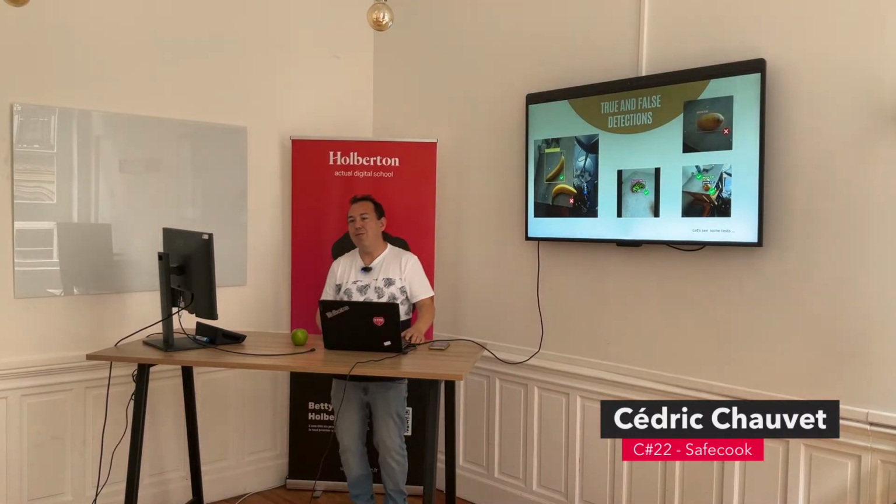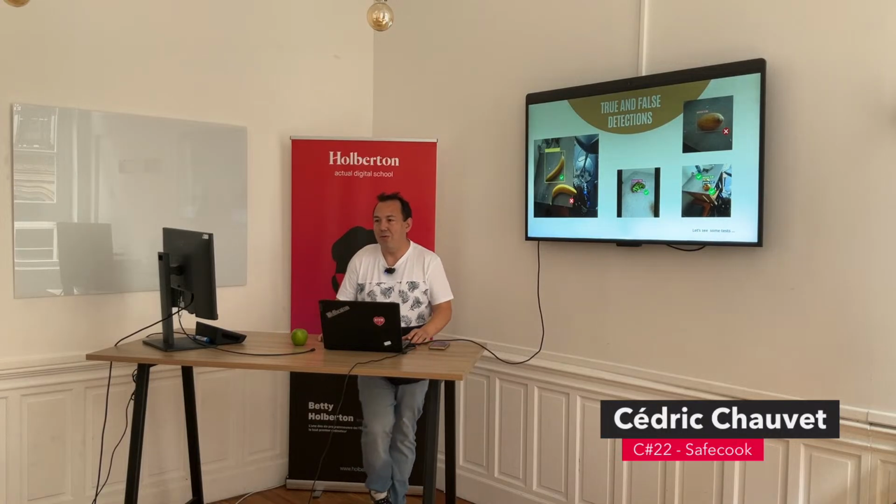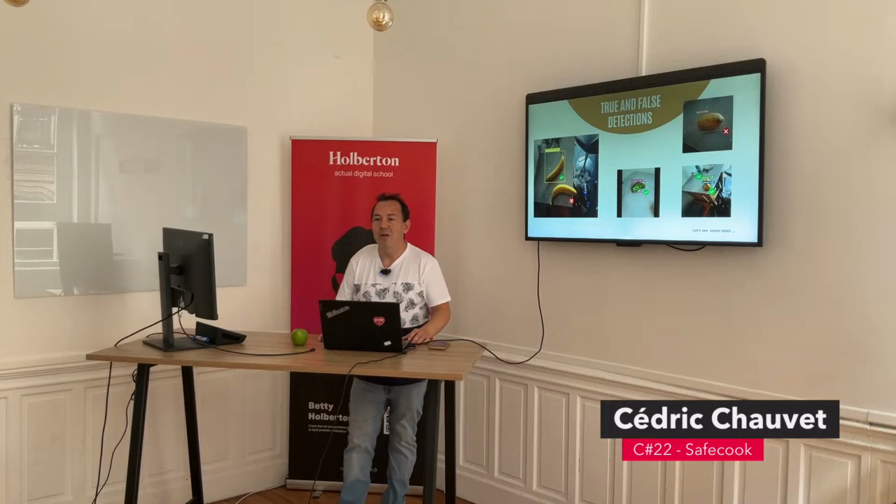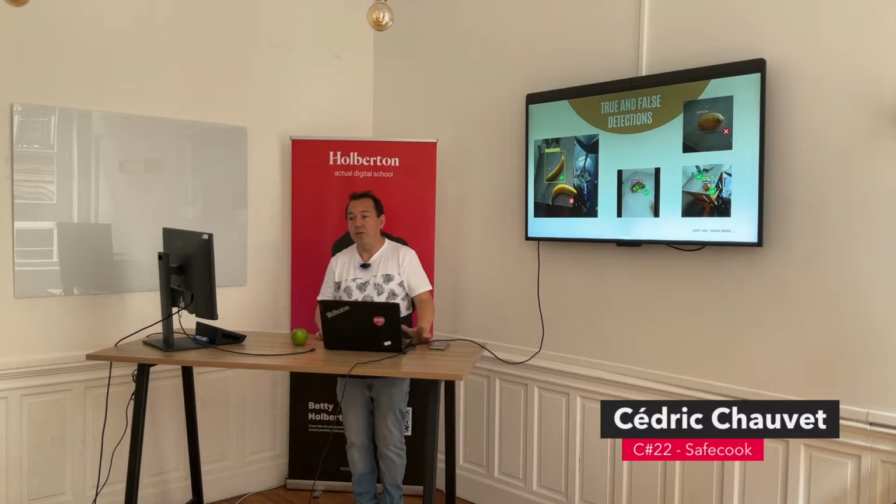And there is every time good and false detection. When it's good, it works, the model works and the application is operational. But there are 2 kinds of false detections to avoid.